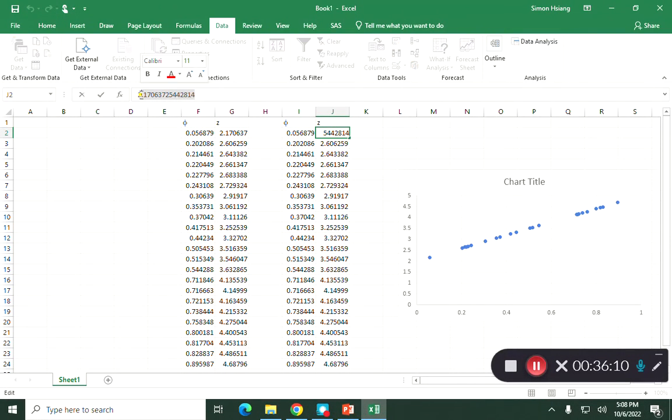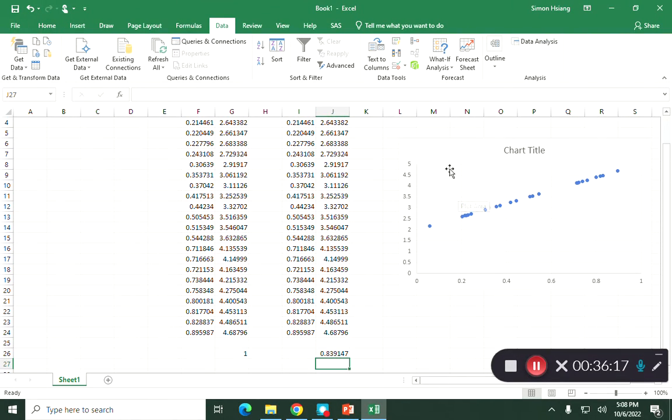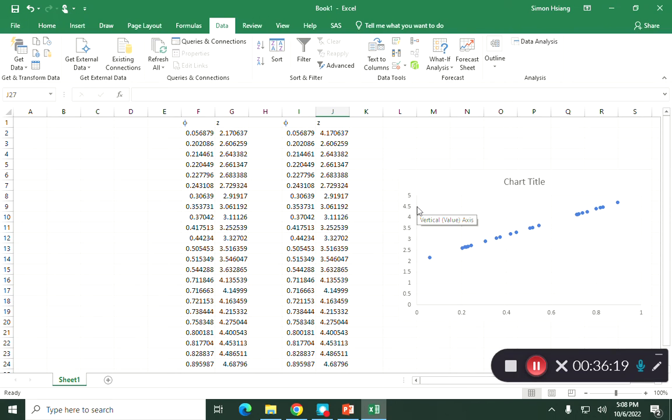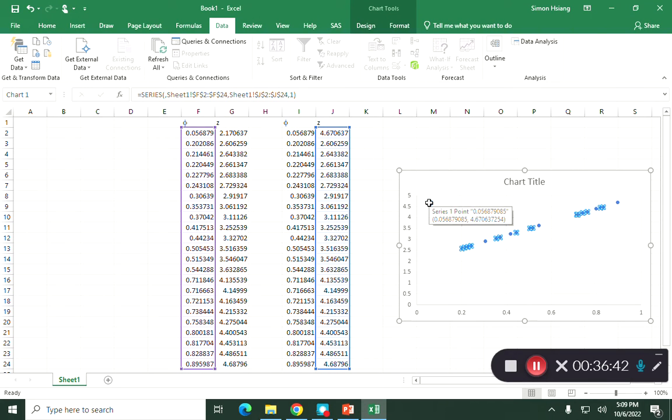I just change this number, say it's 4. The correlation coefficient drops significantly. Why? Because I have one number here, 0 point something, and the measurement, I can have it even higher, 4.76. So this number is right here. What I'm saying is that if I have one measurement here, that will ruin the correlation coefficient.